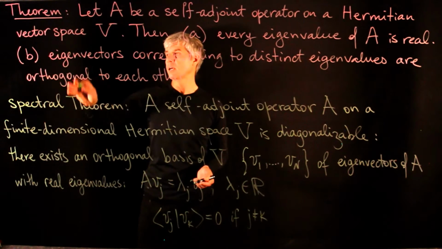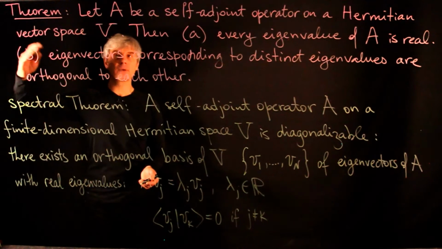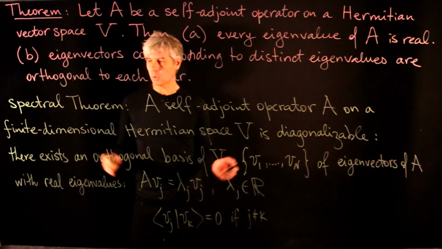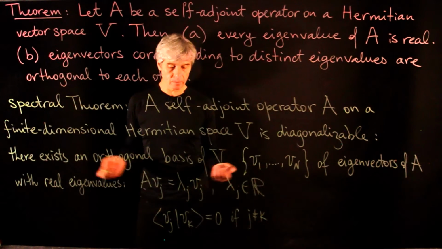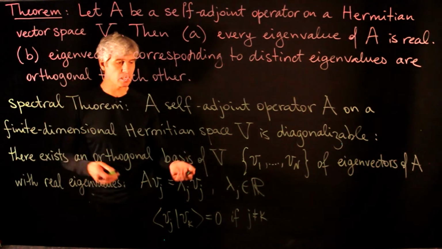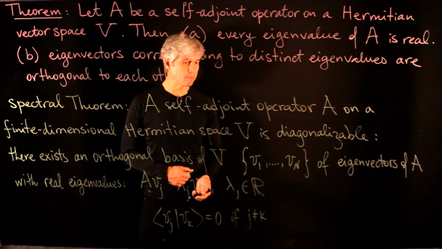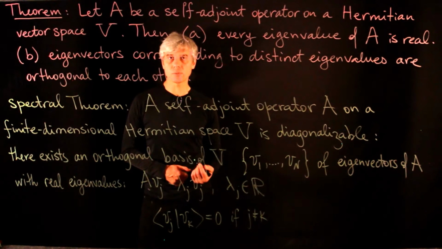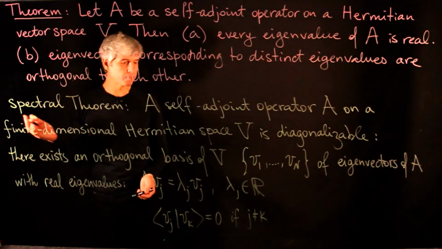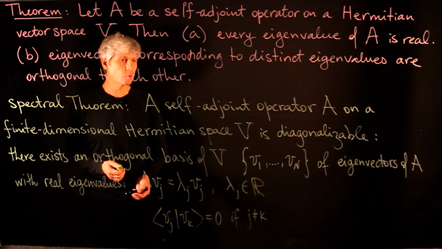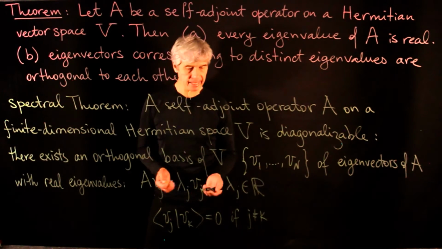So the first theorem applies to finite dimensional and also infinite dimensional Hermitian spaces. For the second theorem, we stated it for finite dimensional spaces because we only will need in this course this theorem for finite dimensional vector spaces. But there is a generalization of this theorem for infinite dimensional vector spaces as well. We are not going to prove the spectral theorem. This theorem is proved in the course of linear algebra, and so we're going to assume it as it stands.